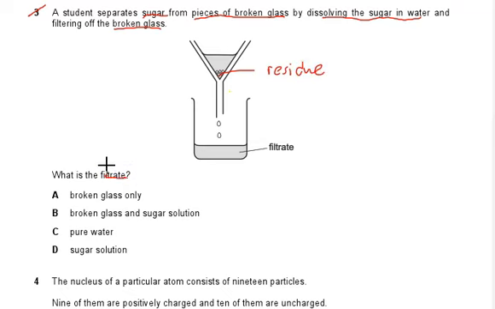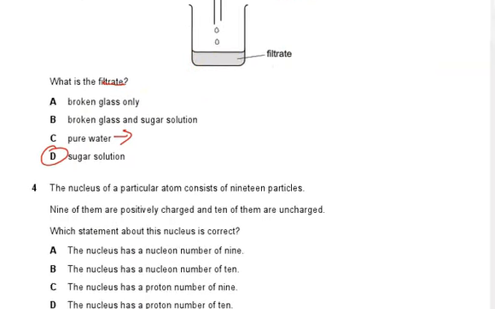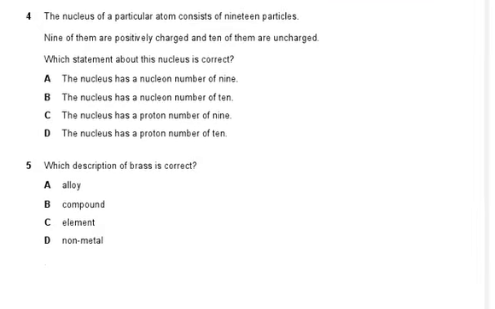The filtrate only contains the sugar solution. If you want pure water, then you have to do at least a simple distillation process, same as with salt water. Okay, now we move on to question number 4.